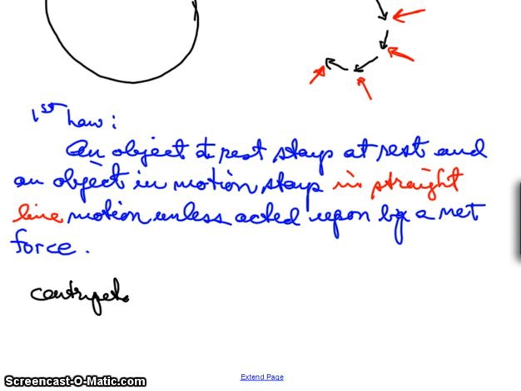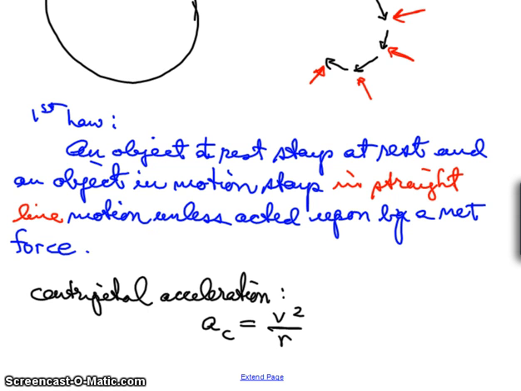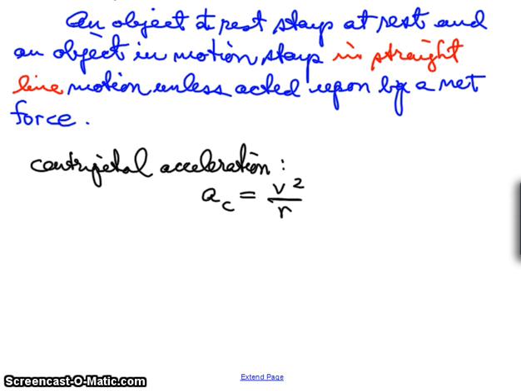So centripetal acceleration, a sub c, is equal to v squared, the velocity squared, divided by the radius. And of course, as any acceleration, it comes out in meters per second squared. And I'll do an example of this in another video.